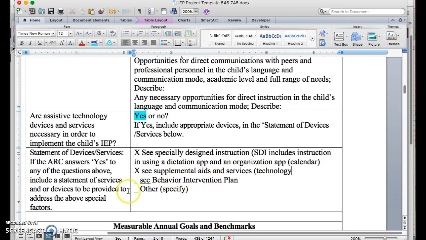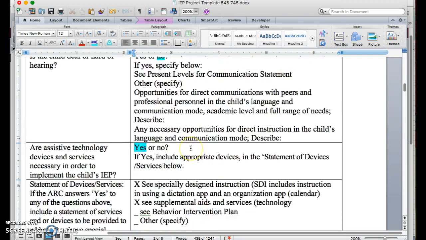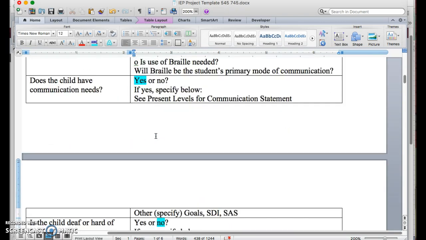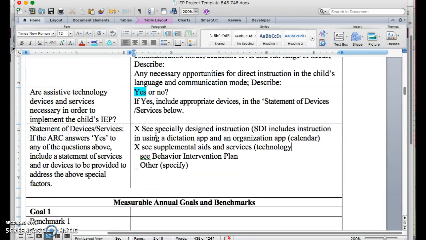Does this student have a BIP? This student doesn't need a separate BIP, so I'm not going to check that. I can say that a student's behavior impedes their learning. That does not require, according to state guidelines or federal guidelines, an FBA or a BIP. Some districts might have that as standard practice, but in this case, the student's behavior is their distractibility, and so that did not require a behavior intervention plan.